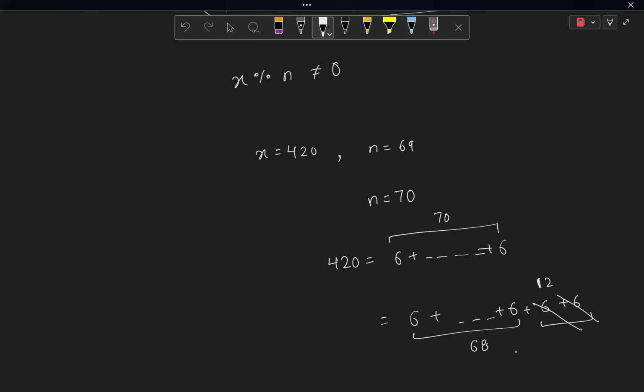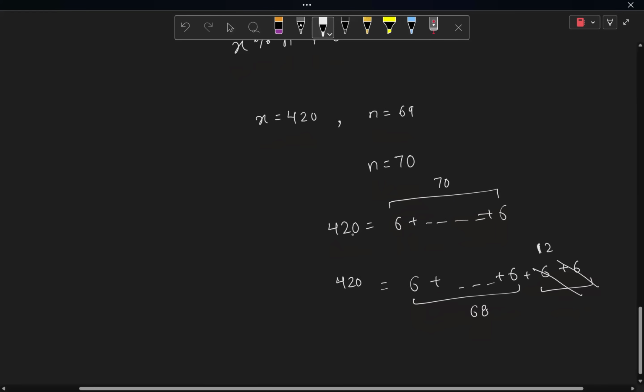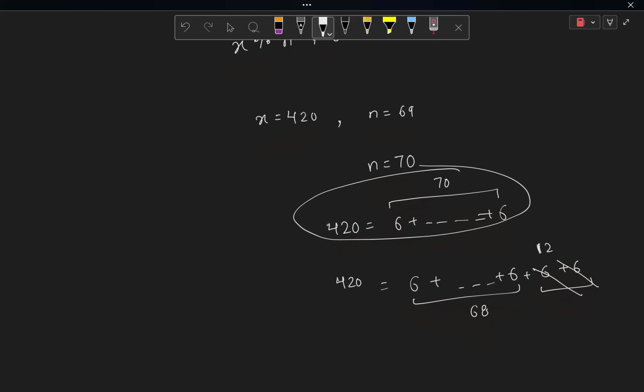So the number of elements here is 69 and the sum is still equal to 420. The observation from here is that for n equal to 69, whatever answer was possible for n equal to 70 or any number greater than that is also possible even now. Does this make sense now?